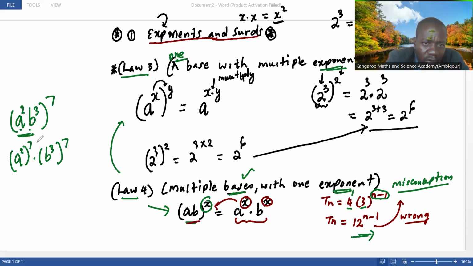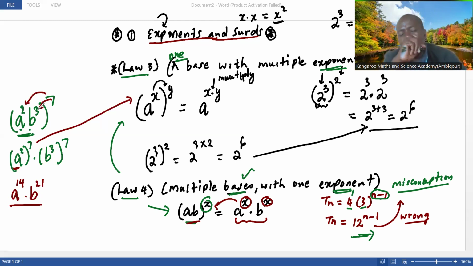Now you are forced to use this one because it has one base with multiple exponents. So this will be a to the exponent of 2 times 7, which is 14, times b to the exponent of 3 times 7, which is 21. Or you can just go direct to it and multiply. It's very important to know exponents, ladies and gentlemen.